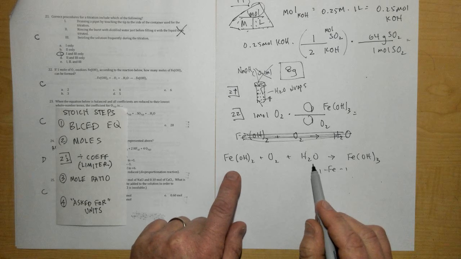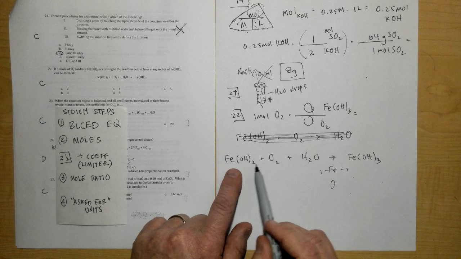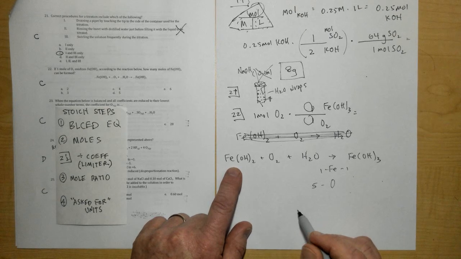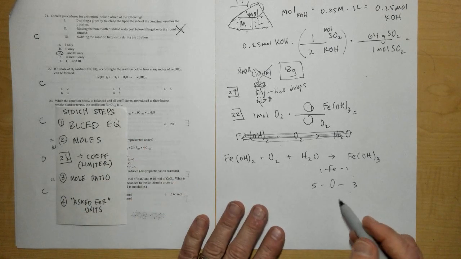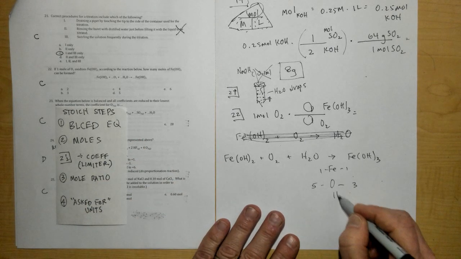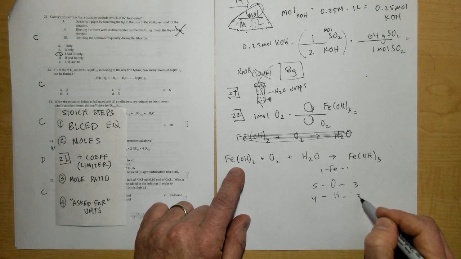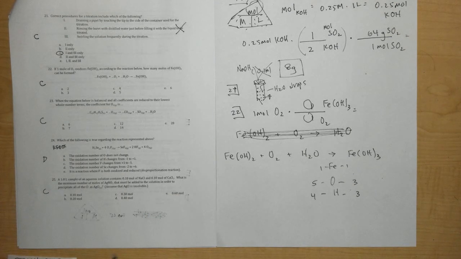Now my oxygens look like they're going to be a problem because I have oxygens everywhere in here. I have 2 oxygens, 2 more right here, and 1 more right here. So 5 total right here. And on this side I only have 3. Yeah, not balanced at all. And then my hydrogens right here, I have a total of 2 plus 2 or 4. And over here I only have 3. So I've got a big problem right here.